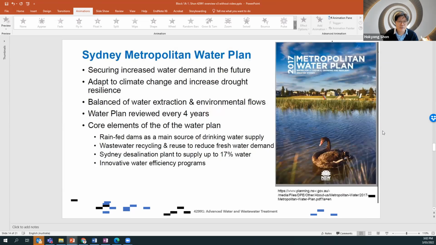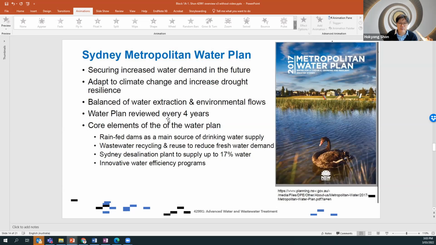This is also the Sydney Metropolitan Water Plan, reviewed every 4 years. This is very important information. If you are in Sydney and want to know the water plan for New South Wales, I think this document is a must-read, so read it carefully. It covers security of increased water demand, adapting to climate change, increased drought resilience, and balancing water extraction and environmental flows.